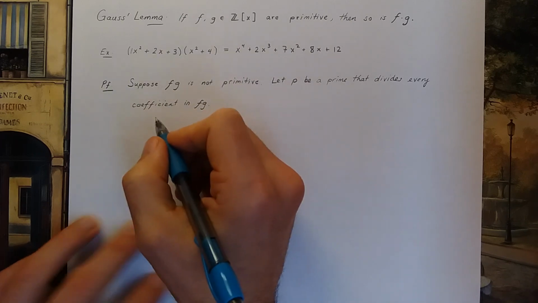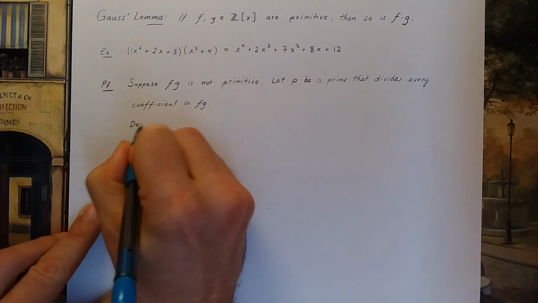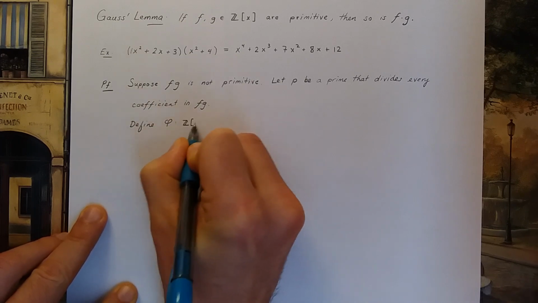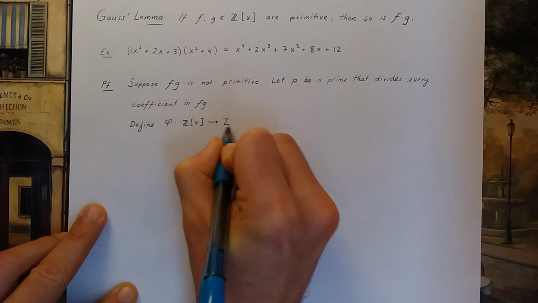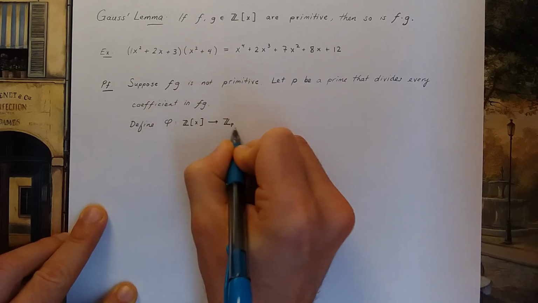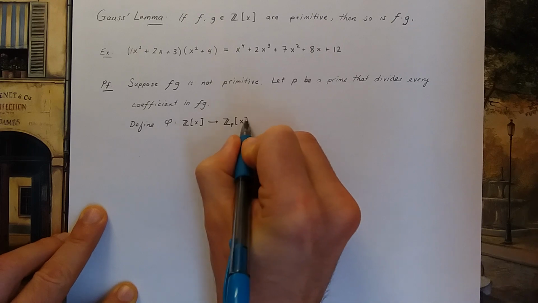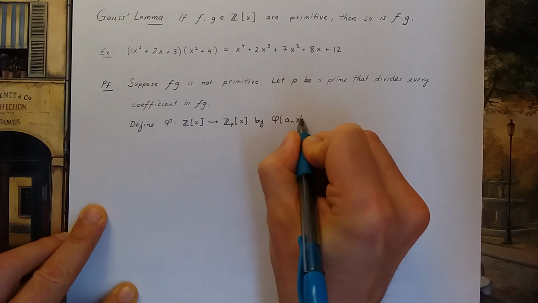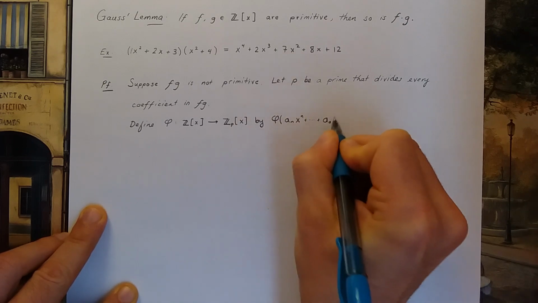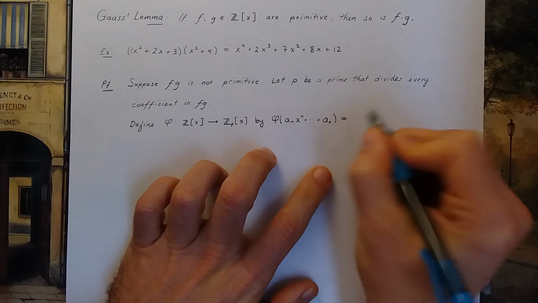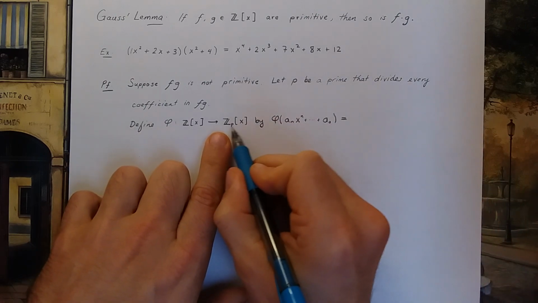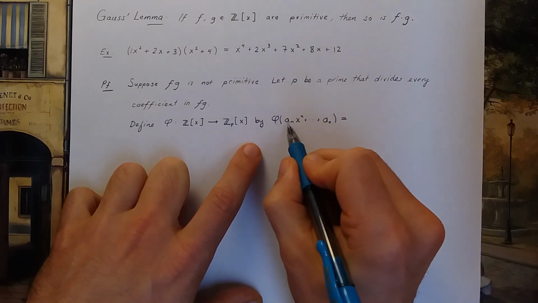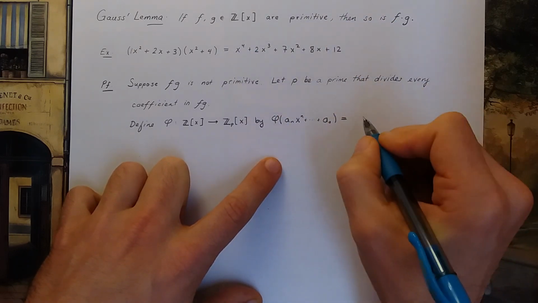Okay, I'm going to define a ring homomorphism. So I'm going to define a ring homomorphism phi that takes polynomials with integer coefficients and gives you polynomials with coefficients in z mod p. And I'm going to do that by sending a polynomial a_n x to the n, and so on, with integer coefficients to the polynomial with coefficients taken mod p, just by doing the straightforward evaluation of each coefficient taken mod p.